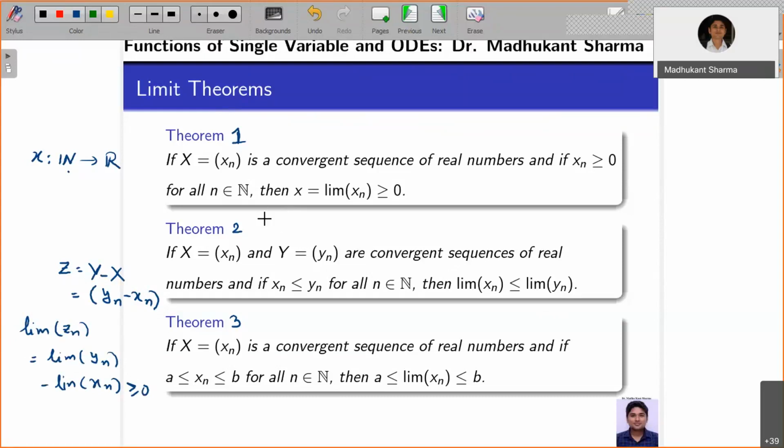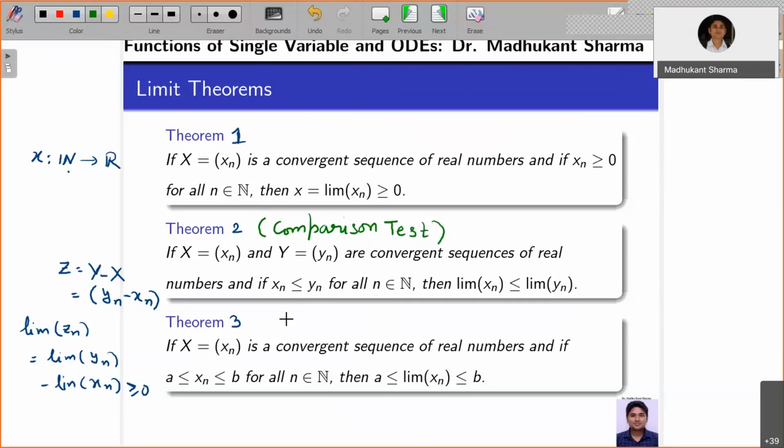So this is one of the comparison tests which you can use to claim that a certain sequence is dominated by another sequence, and if one converges, the other converges. So you can talk about certain properties that we will look at. Comparison test.